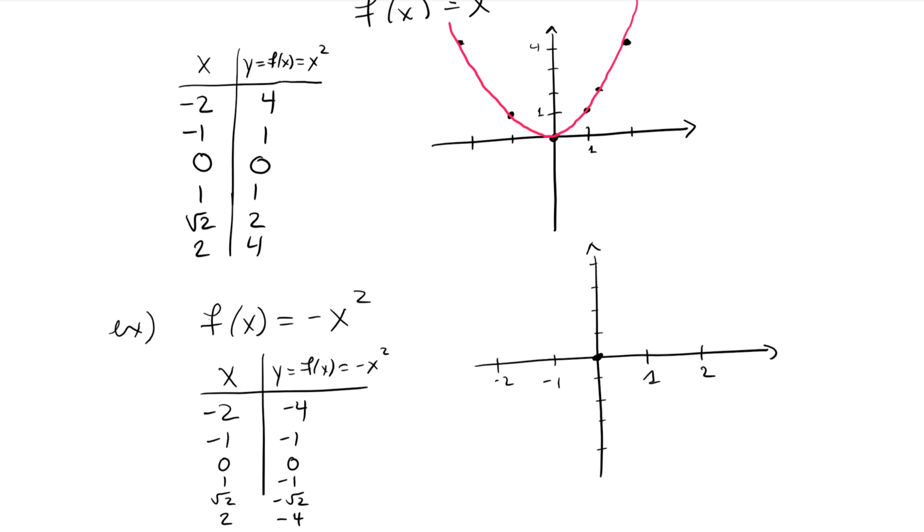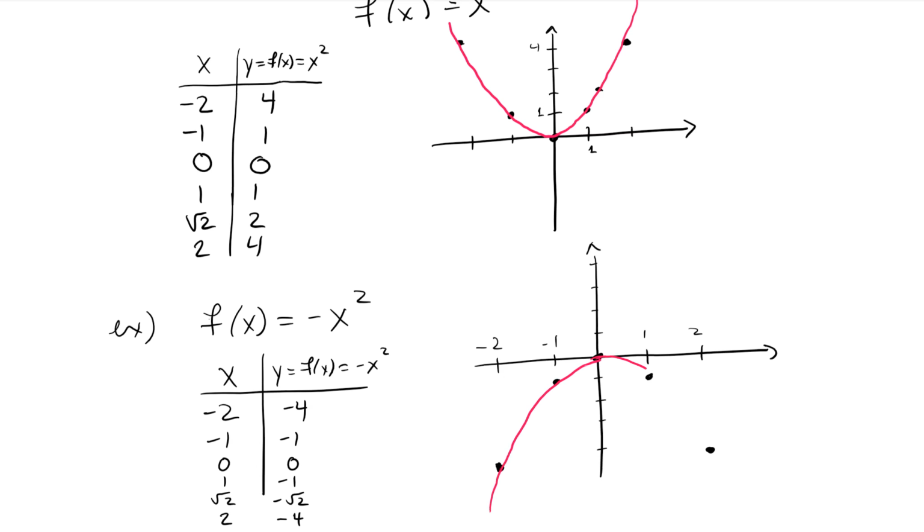0, 0; 1, minus 1; 2, minus 4; minus 1, minus 1. I'm sorry, I should have put, let me change this. That's better: 2, minus 2, minus 4. So all these points would be linked by this curve.